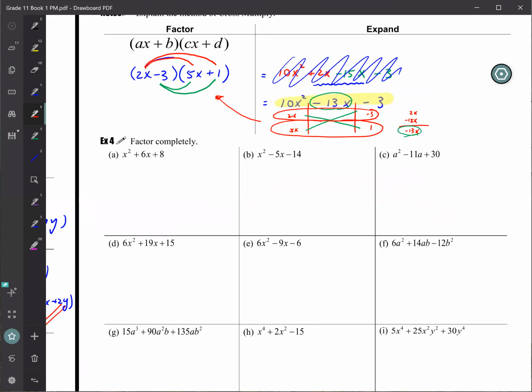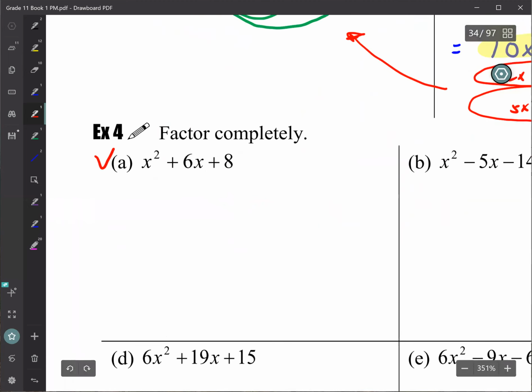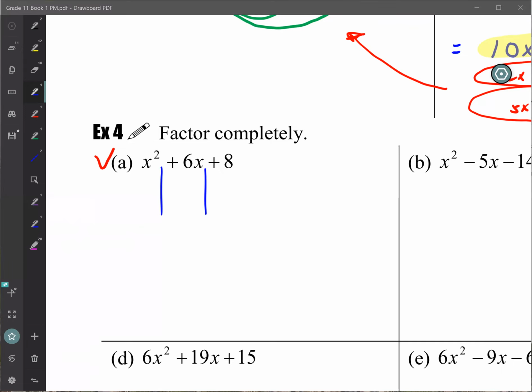So let's do question A first. So here's the question, right? So we start with splitting, right? Splitting into 3 parts. And then we look at the left side first. So what times each other can make x squared? So this one is just x and x, right?